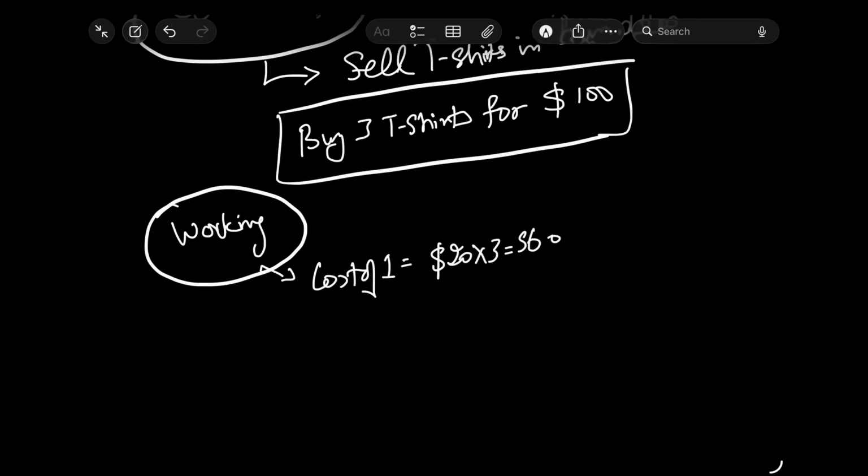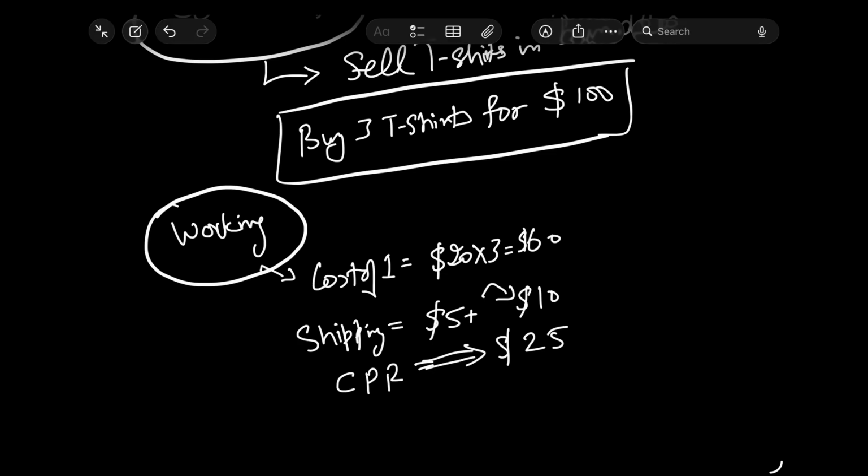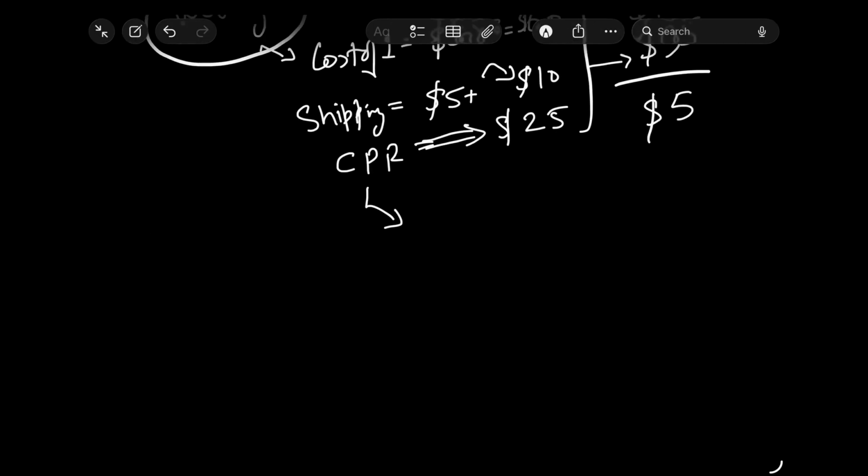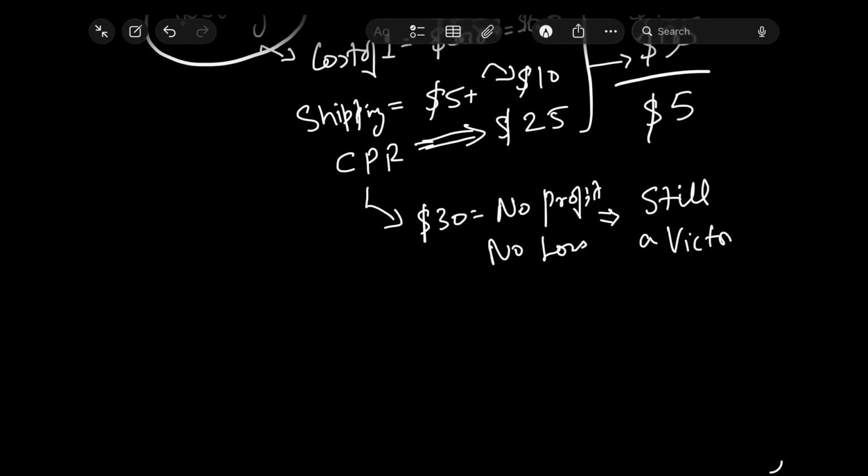And shipping them as one will cost you no more than $5, so let's say $10. Assuming that marketing cost stays the same, that is $25, that leaves you with $5 in profit. Whereas if our marketing cost goes up, which it will, let's say it is now $30, still, it will be no profit, no loss, which again is a victory for us, right?